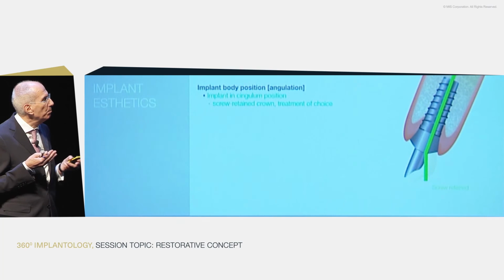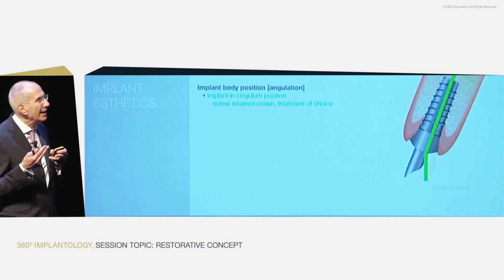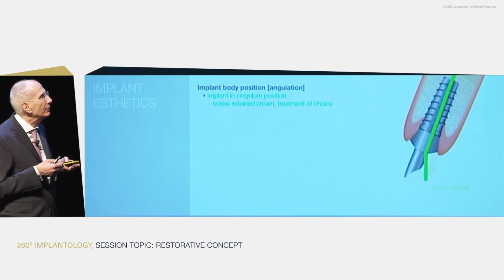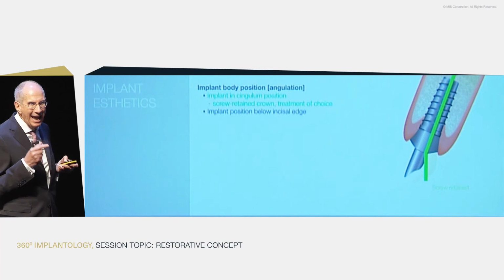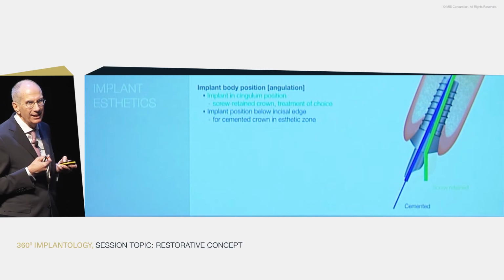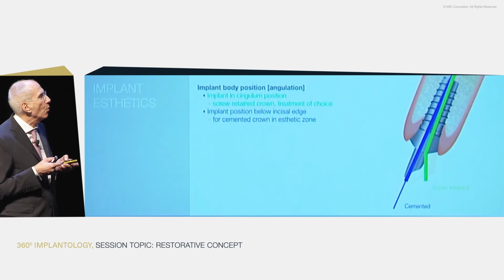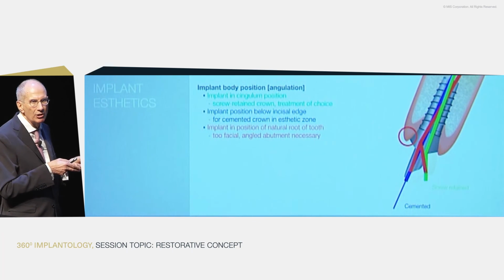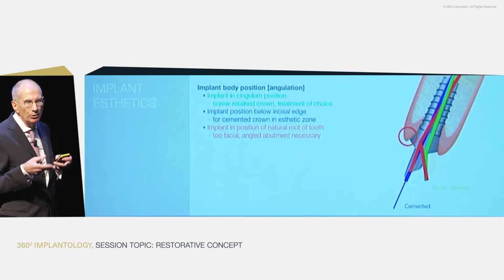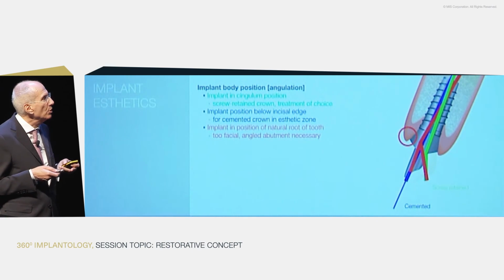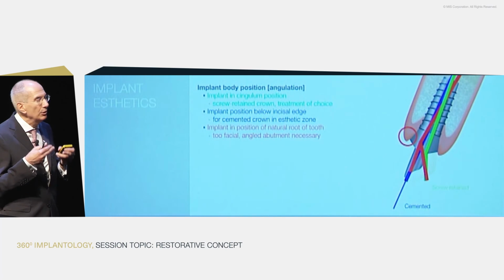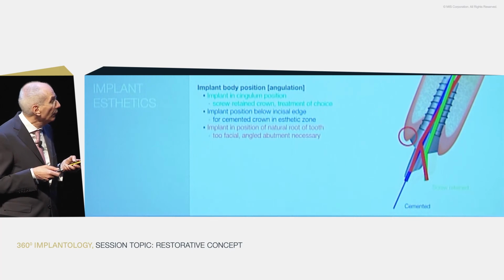And we have some possibilities today by the angulation, either by the screwdriver or by the abutment to have the solution that we are planning as a prosthodontist. On the one side, screw retained, today again, or if necessary, cemented. But what we don't want is to have the implant in the position of the original tooth to get into trouble with the buccal bone, or for not being able then to have a good emergence for my single restoration.